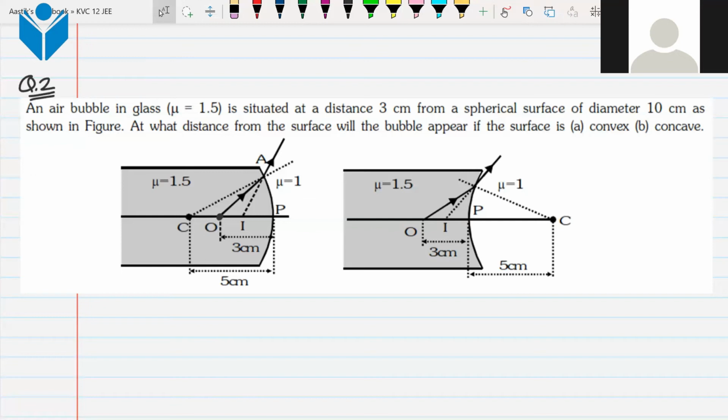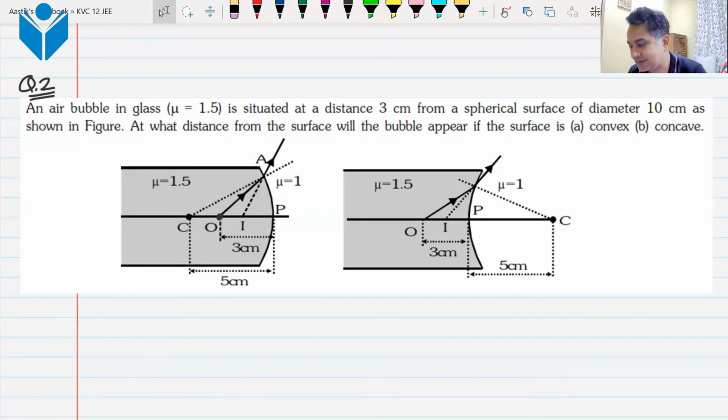Minus 1.6. Well done. Minus 1.6 for the second case is the correct answer.